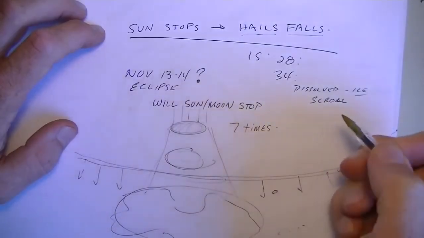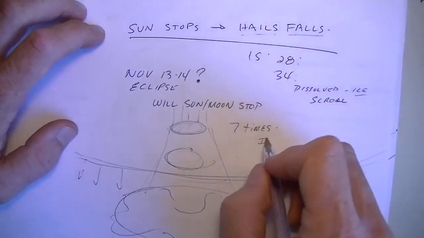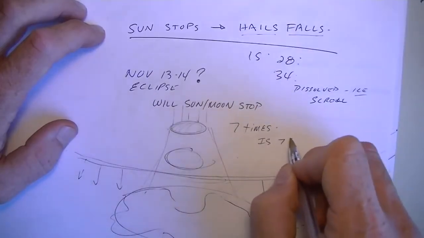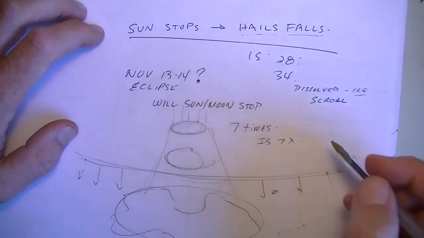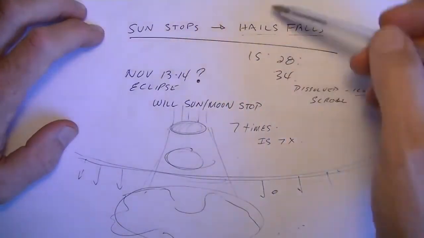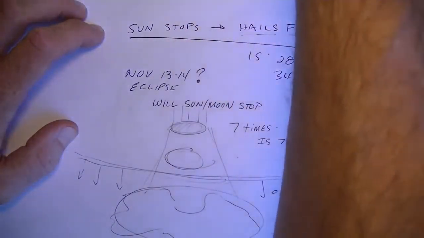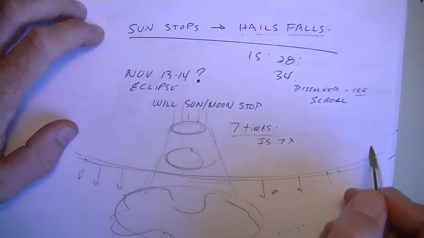Why 7 times? Well, Isaiah chapter 30 talks about the sun being 7 times as hot, and the moon being as it were daylight. So this can actually create heat that would burn up even the dark side of the earth when the sun stops, theoretically.